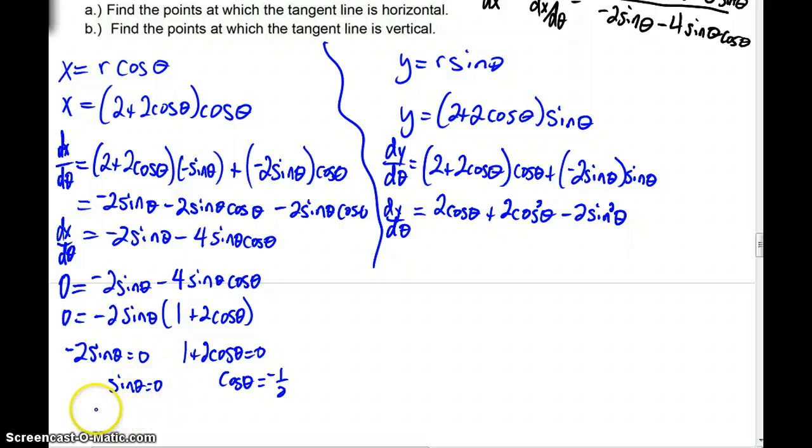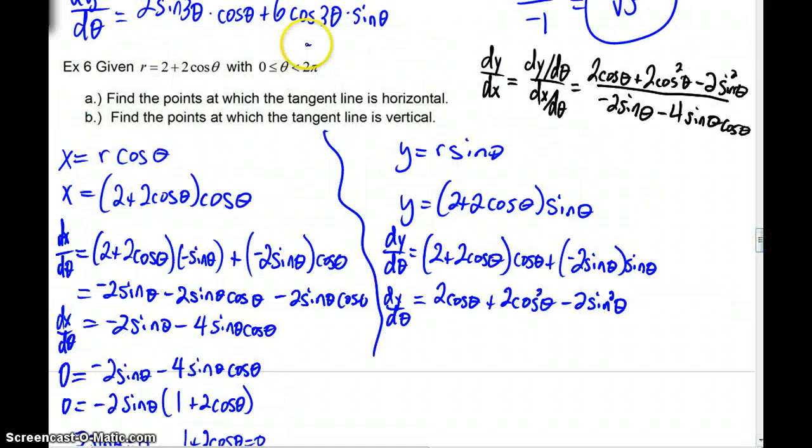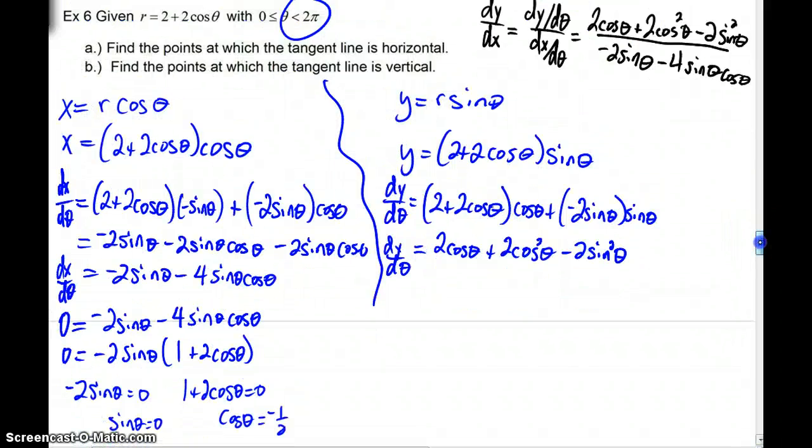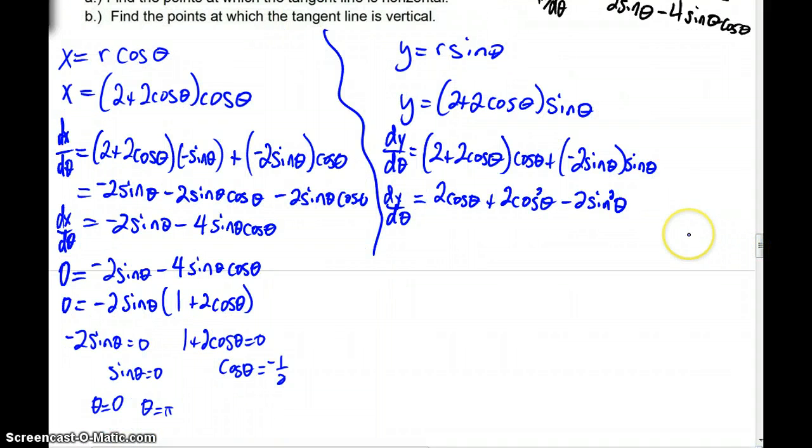Where is sine equal to 0? Well, at 0 itself, at pi. Lots of times kids might say, well, what about 2 pi? Well, remember, we're not including 2 pi here, so we'll just stop with those two.